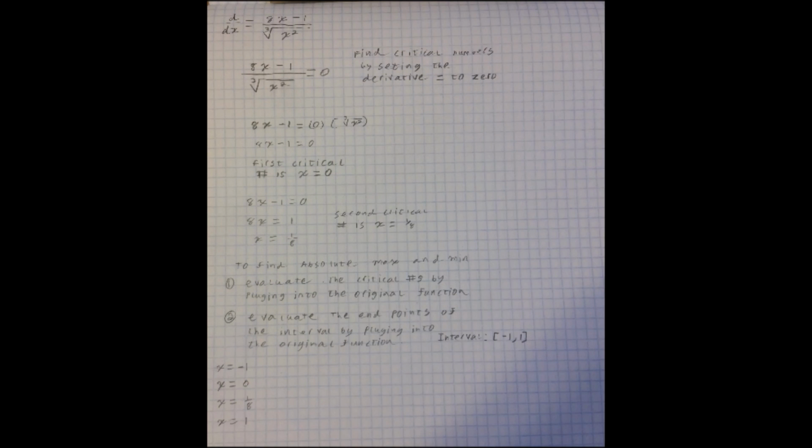Here we have the 4 numbers that must be used in order to find the absolute maximum and minimum points of our function. These are the numbers that we will be plugging in to the x variable of the function.